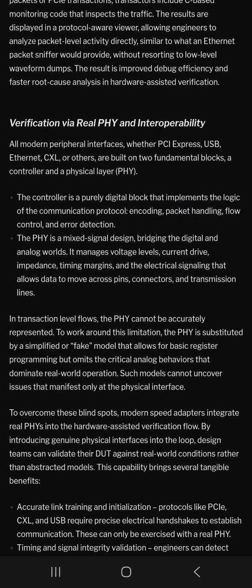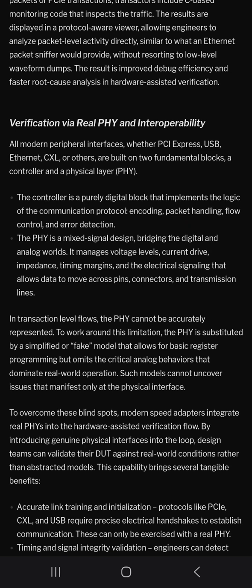In transaction-level flows, the PHY cannot be accurately represented. To work around this limitation, the PHY is substituted by a simplified or fake model that allows basic register programming but omits the critical analog behavior that dominates real-world operation. Such models cannot uncover issues that manifest only in the physical interface.